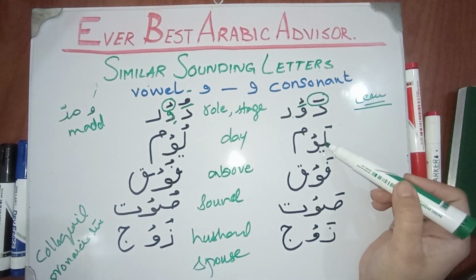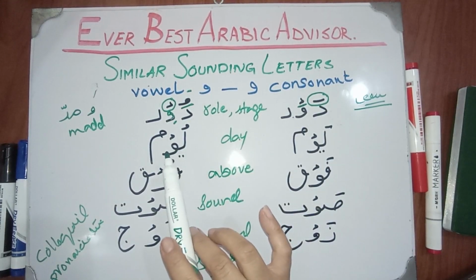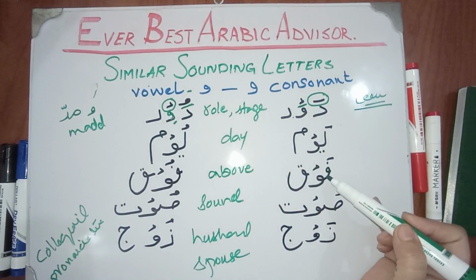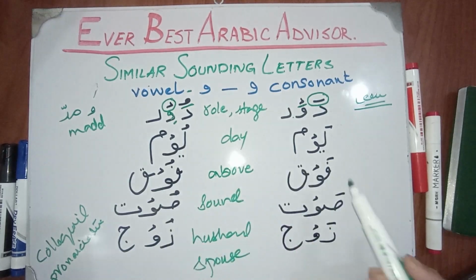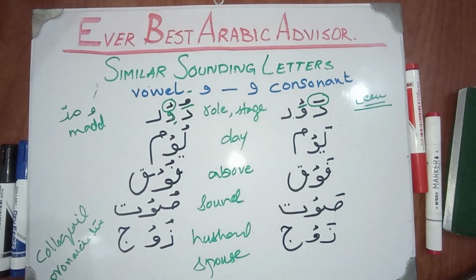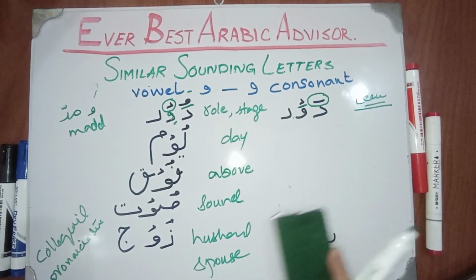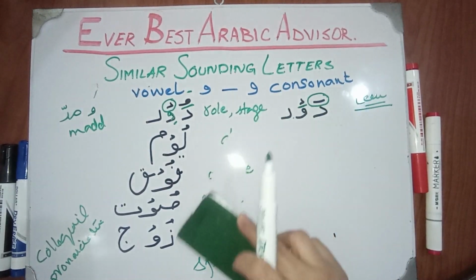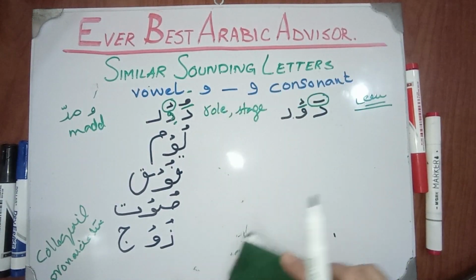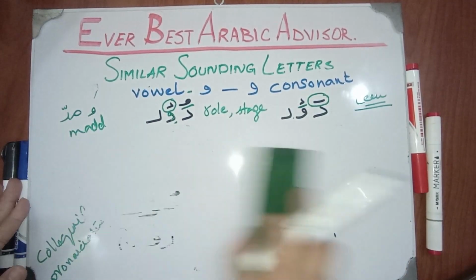The next word is yaum for the day, but colloquially they say yum. Fauk, fuk. Saut, soot. Zauj, zuj. For consonants, waw can carry fatha, kasra and dumma, but for a vowel, waw can carry only the sukoon sign. Let me help you.